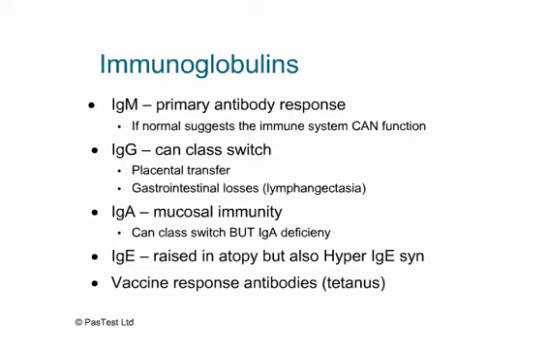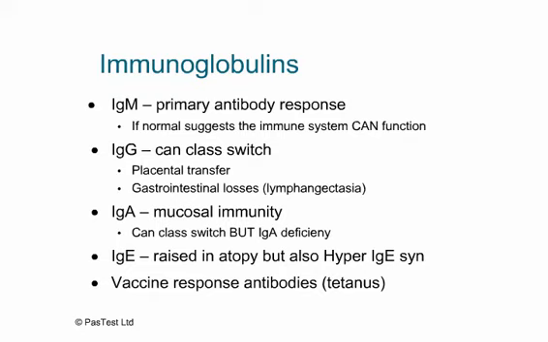IgA is an important immunoglobulin that gives us a lot of information. Just like IgG, it is a measure of class switching, but it also tells us very specific details about what sort of protection is being offered to the mucosal surfaces.